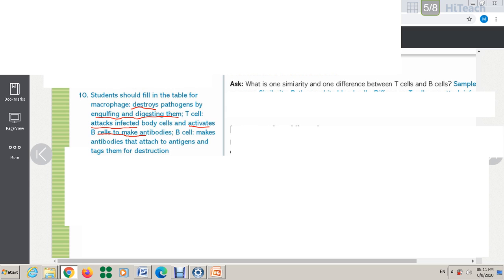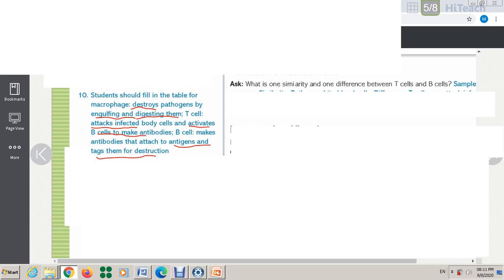The helper T cells also activate the killer T cells, if you remember. The B cells make antibodies that attach to antigen and tag them for destruction. That's what we said about the B cells.